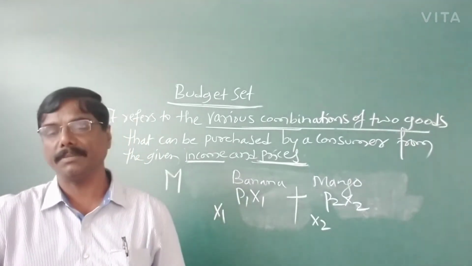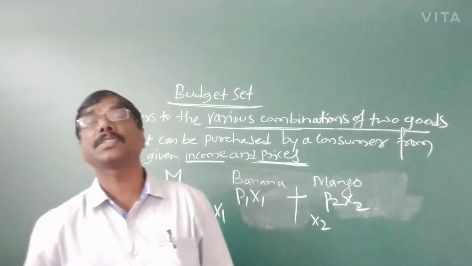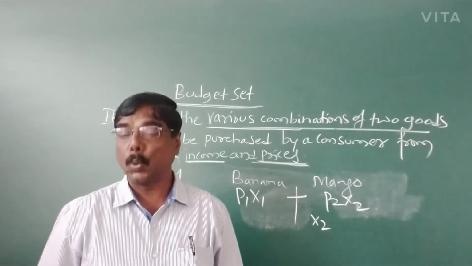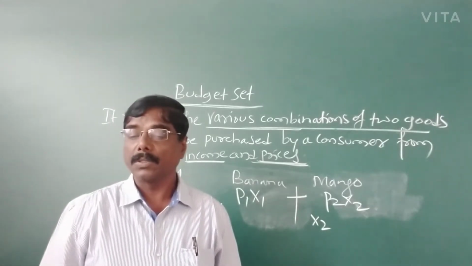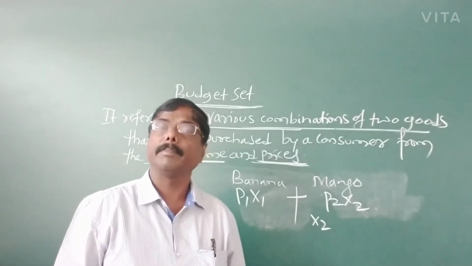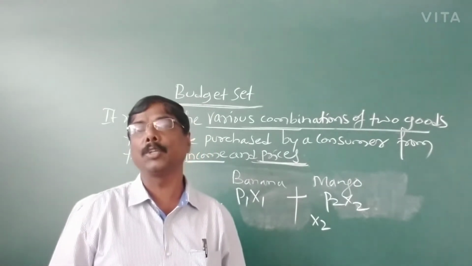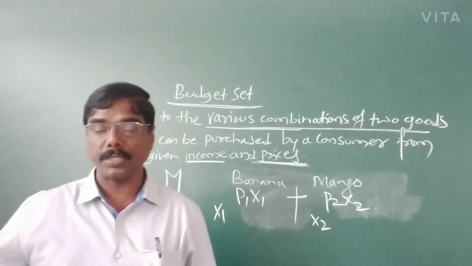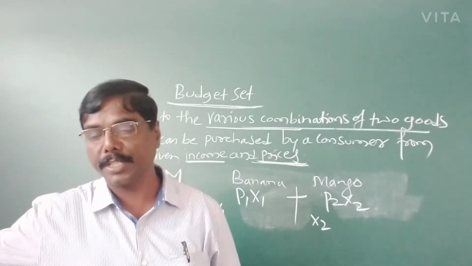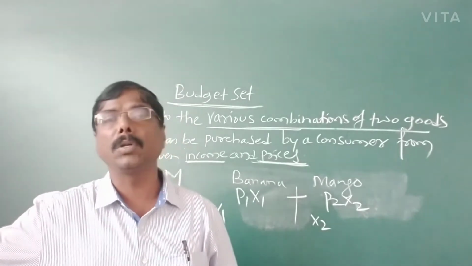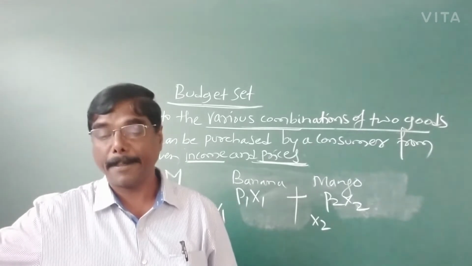There are many combinations or bundles available to him. He may choose any combination less than his income or equal to his income.